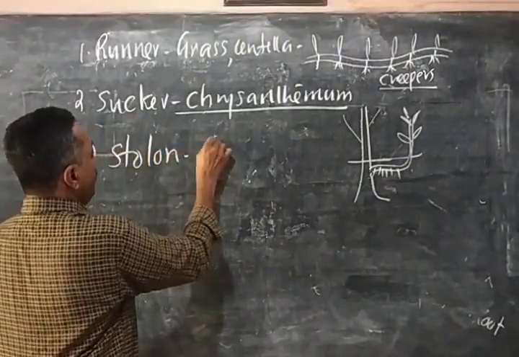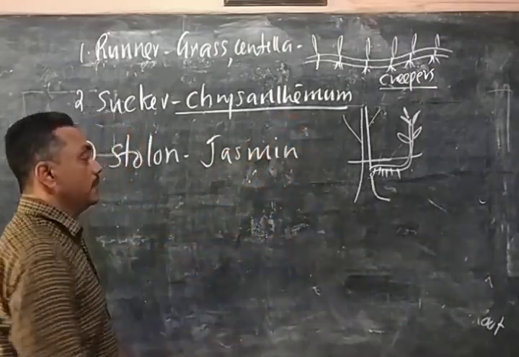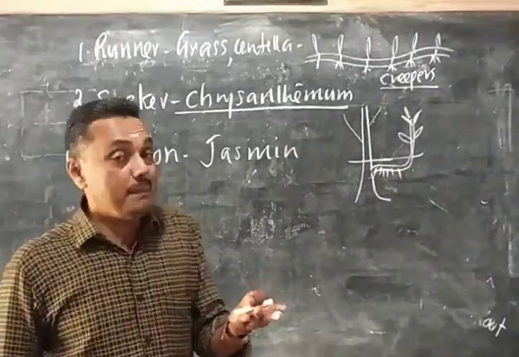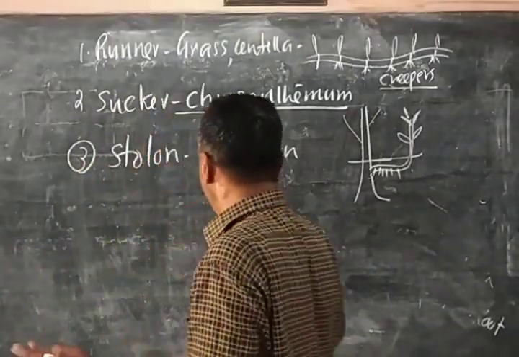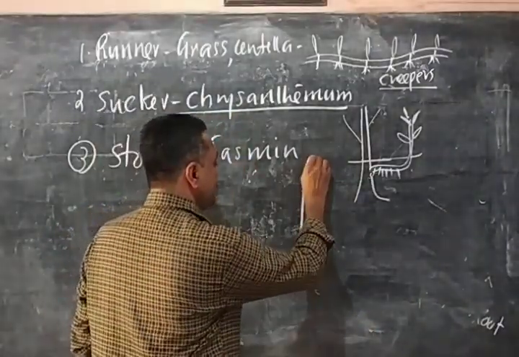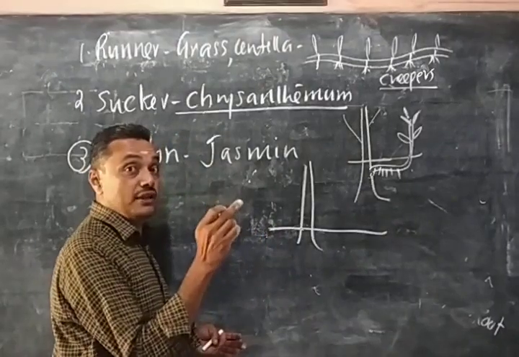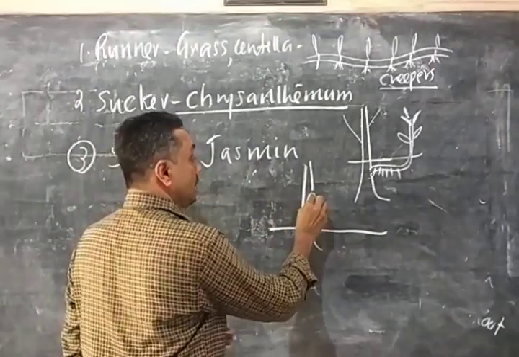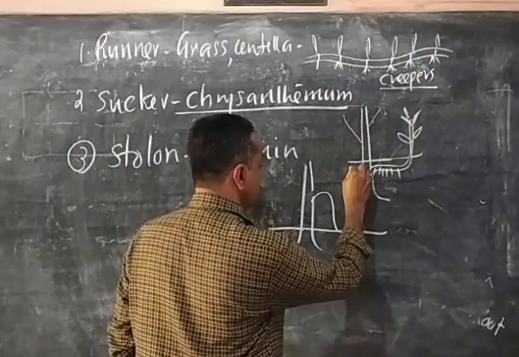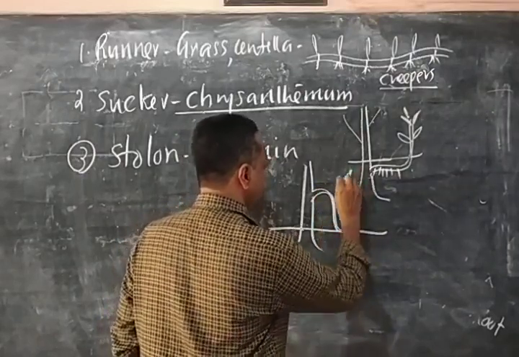In the plant called jasmine, these are all weak stemmed plants. In jasmine, this is very similar to that, with a slight difference. Here, branches originate above the soil level, then come downwards and touch the soil, then come upwards. See, like this, they produce leaves.